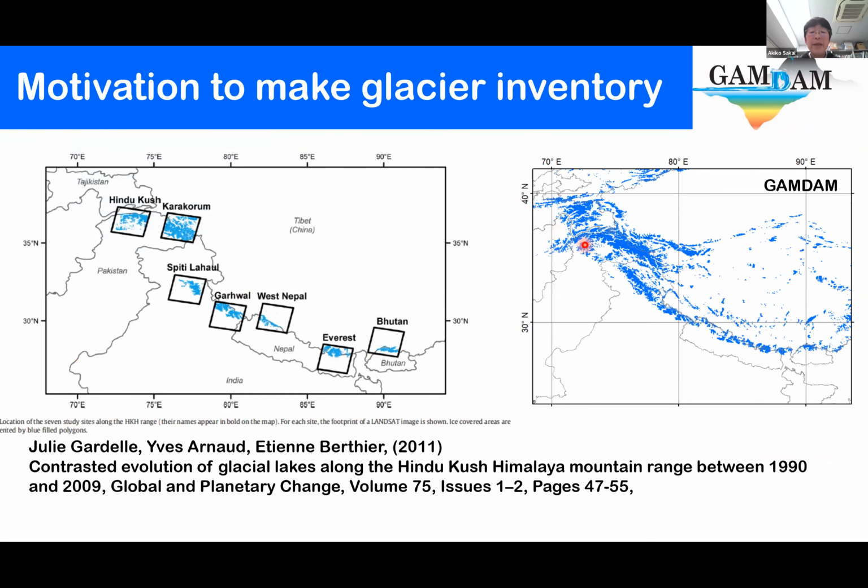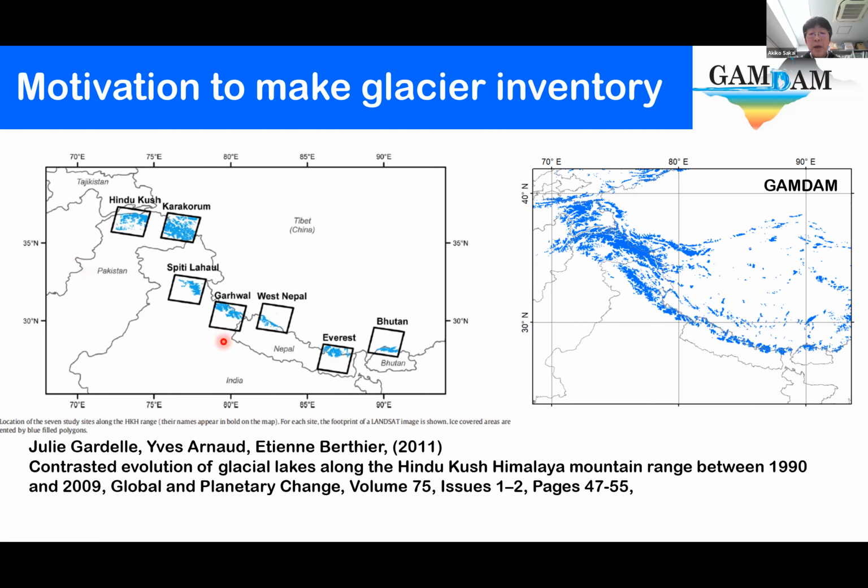The second motivation came from this paper, Gardelle et al. 2011. This paper analyzed the relation between glacial lake evolution and glacier mass changes. It was a very interesting analysis for me. What I would like to focus on here is the target region.